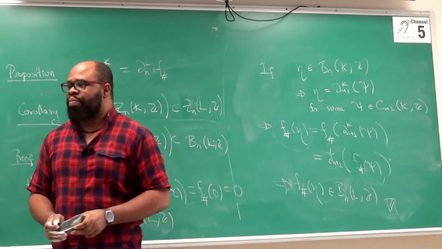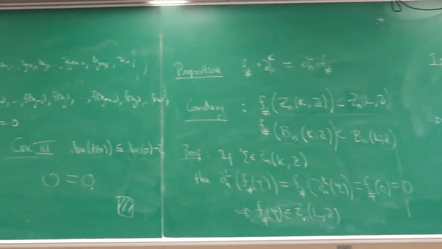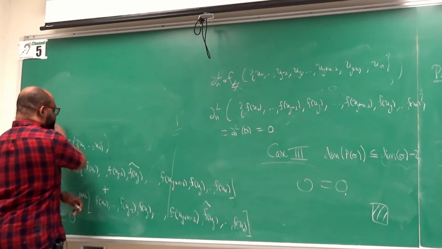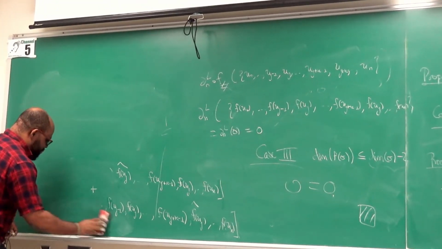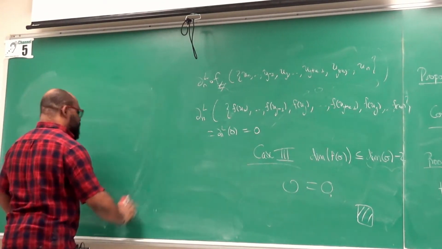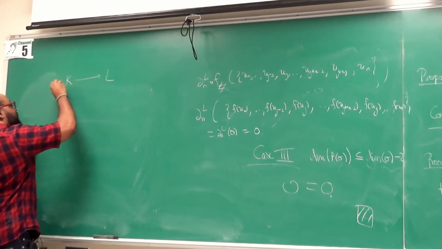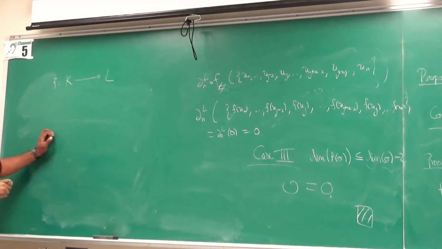So let me draw a picture because this is getting confusing by the minute. Here's what we have. We started with our simplicial complexes and a simplicial map between them.